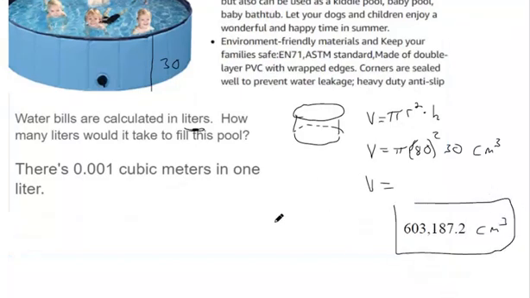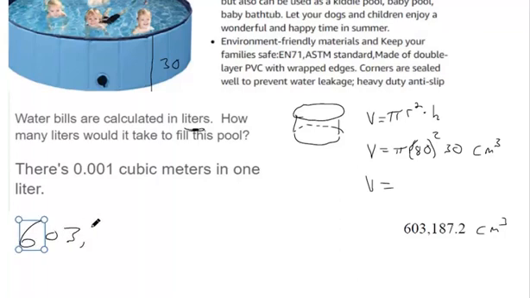So we need to convert this to liters, and we have this conversion factor that can help us. We've got 603,187.2 cubic centimeters, and we're told there's 0.001 cubic meters in 1 liter. So we'd like to first convert this to cubic meters, and that's where we can use a conversion factor.